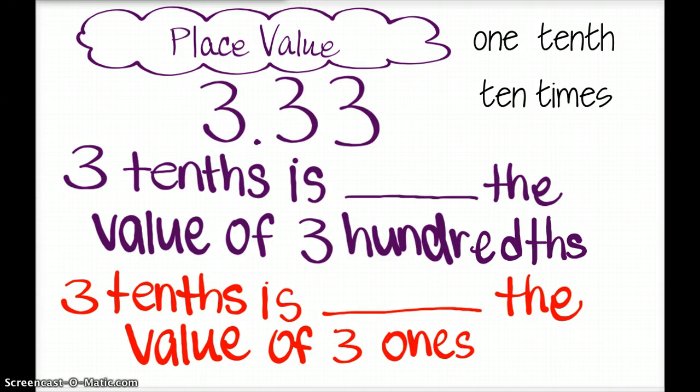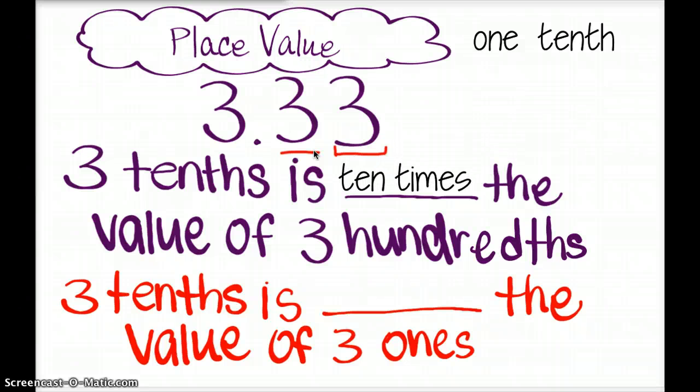All right, so let's talk about it. If we want to know 3/10 is blank the value of 3/100, I'm looking right here at 3/10 and 3/100. Is tenths bigger or smaller than hundredths? Bigger. So does it make sense that it's 10 times the value or only 1/10 of the value? 10 times, right? It is way bigger.